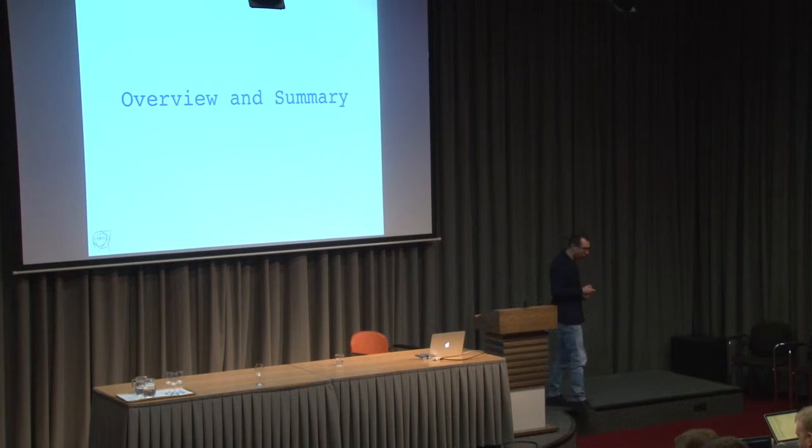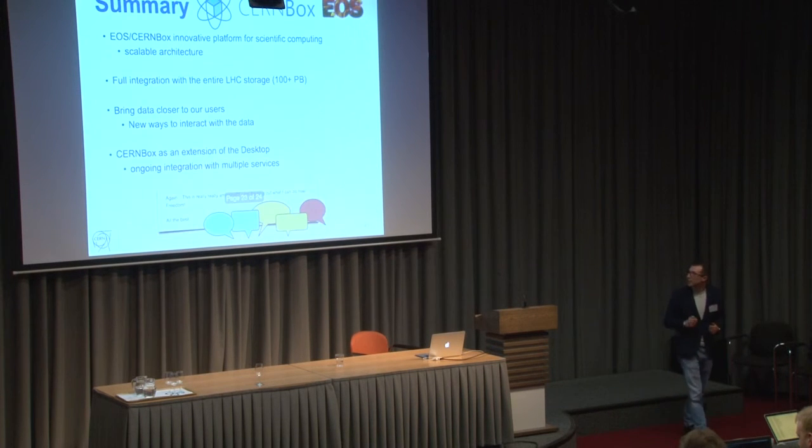So just an overview of what I said, and a summary. EOS and CERNBox are quite an innovative platform for scientific computing, but not only for scientific computing, because a good part of our users are not just physicists or engineers. This enables them to simplify their work.